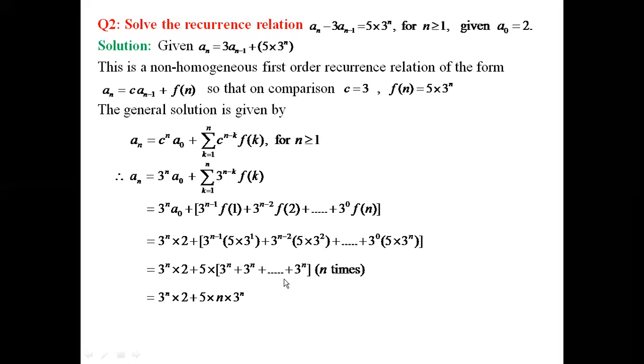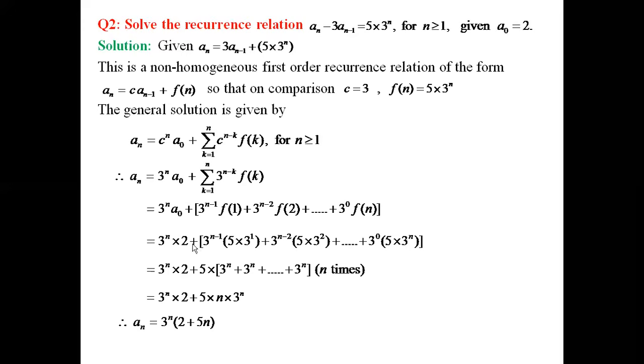Because 3 power n is added n times, we get n into 3 power n. Now simplifying this by taking 3 power n common, we obtain the general solution of the given expression. That is nothing but a_n is equal to 3 power n into 2 plus 5 into n.